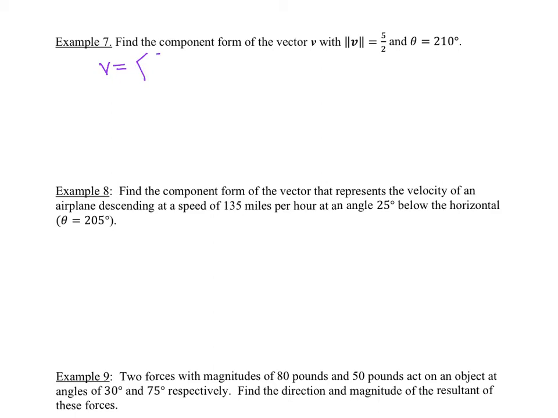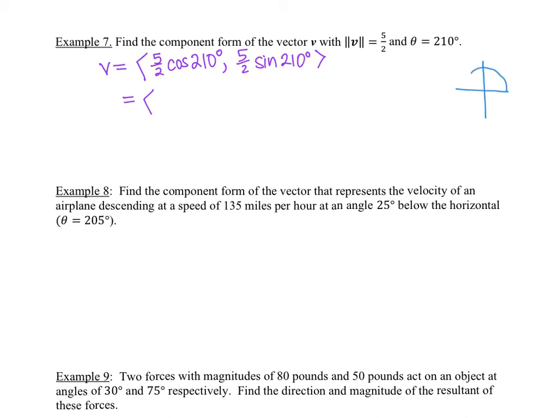I'm going to do the magnitude times the cosine of the direction angle, comma, the magnitude times the sine of the direction angle. And just think cosine is x, sine is y, just like on the unit circle. If those angles were not convenient on the unit circle, or if they told me to round it, I would use a calculator or I would leave it like that.